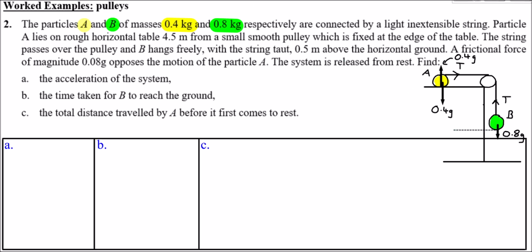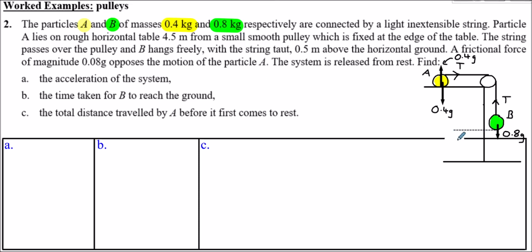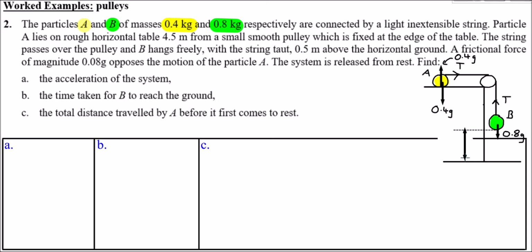Please forgive. Okay, so I'm going to make some more space. It's the trouble trying to get it all on one page so you can still have information. Sometimes it's quite hard to do. So that's 0.5 meters above the ground. So I'm going to label this in 0.5 meters.